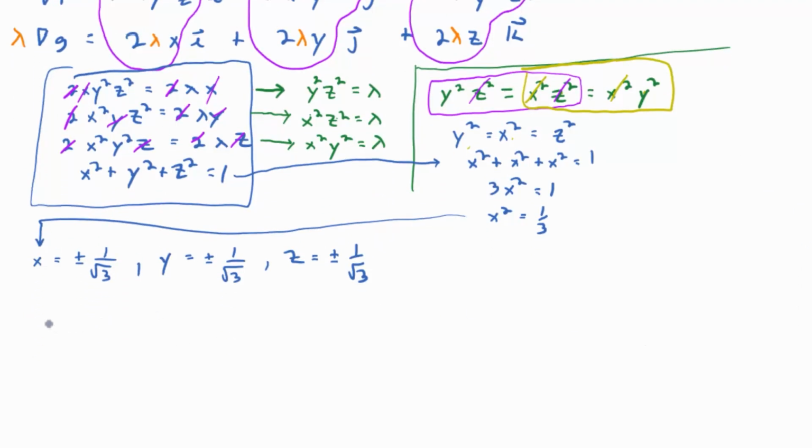So your critical points, CPs for critical points, if you want to use a plus or minus, I think you'd have to only use it in one of the coordinates, right? And then, how many different combinations of plus or minus 1 over root 3 for y and plus or minus 1 over root 3 for z can you get? 4.